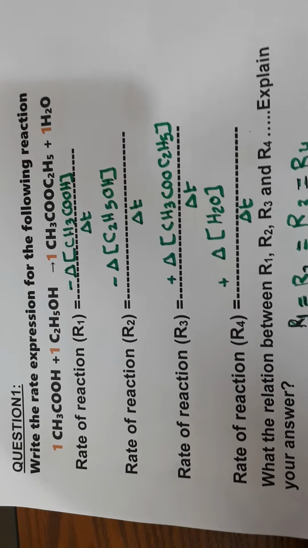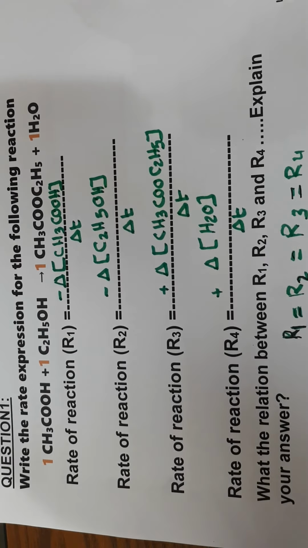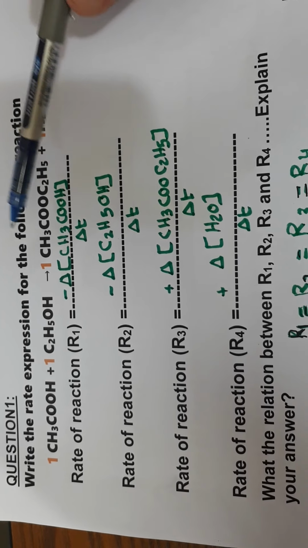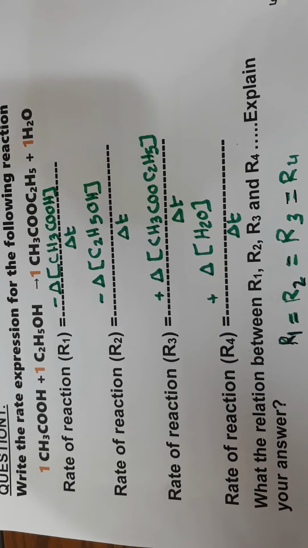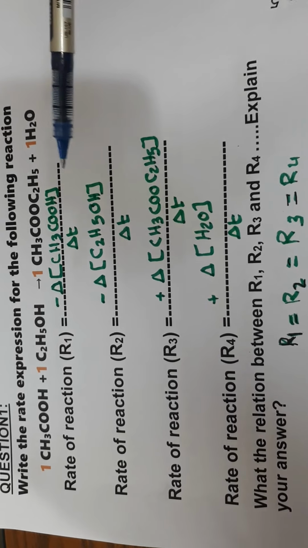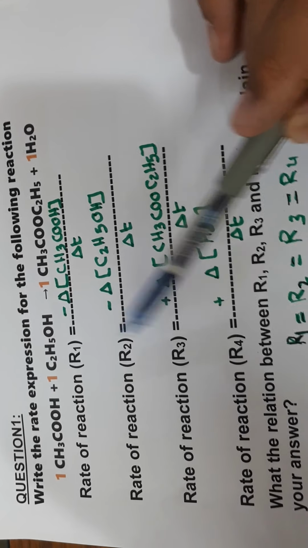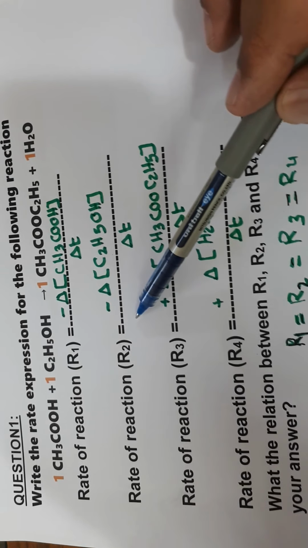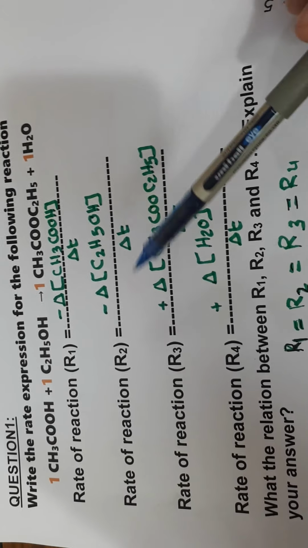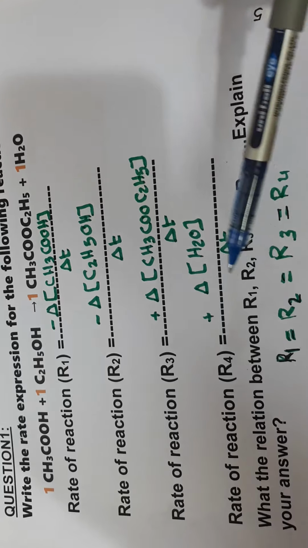How do we write the expression for the rate of reaction? This example shows how to write the rate of reaction. Ethanoic acid reacts with ethanol to produce ester plus water. If we choose one of the reactants, we must add a negative in the rate law or rate expression, but if we choose the product, we must add positive. But what is the relation between R1, R2, R3, and R4?